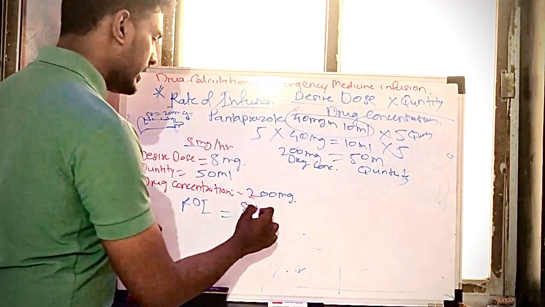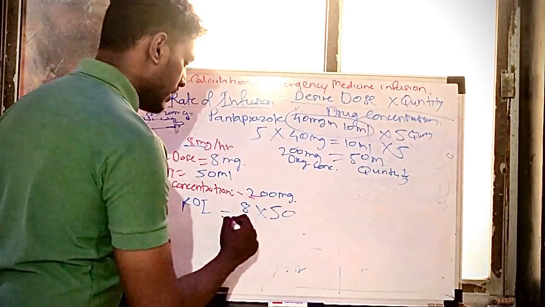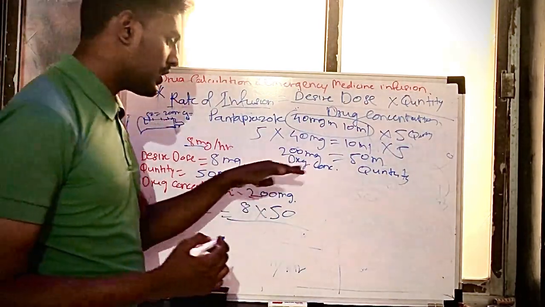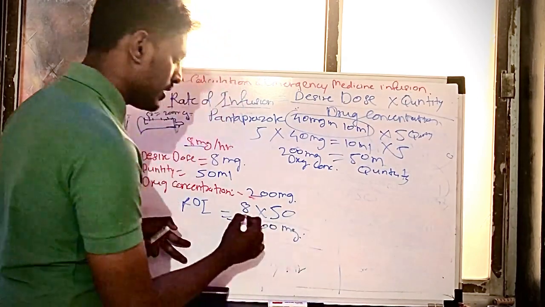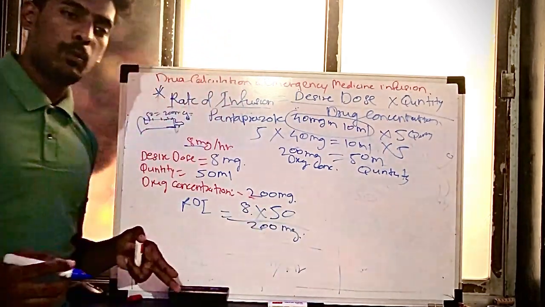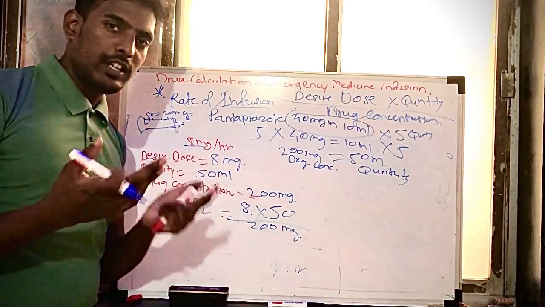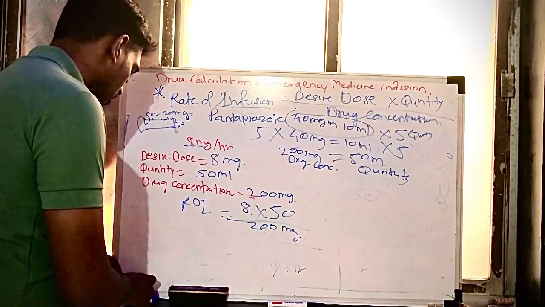Then what is the quantity? 50 ml, divided by drug concentration. How much is the drug concentration we have in our hand? 200 mg. So 8 mg and 200 mg, both concentrations are in the same unit, so there is no need to do any conversions now.